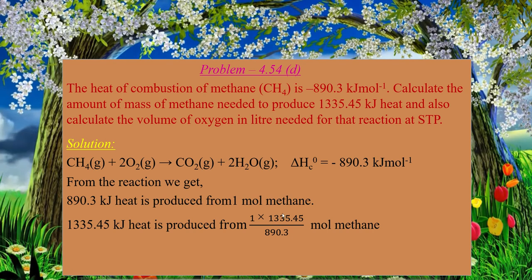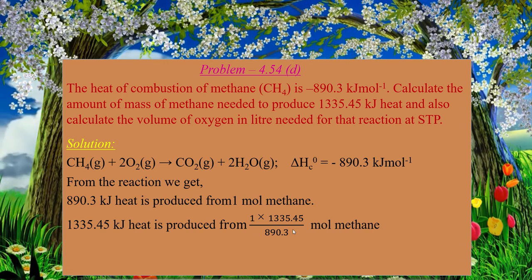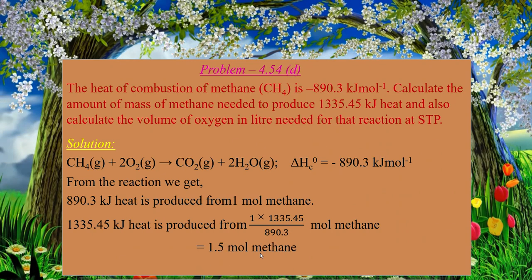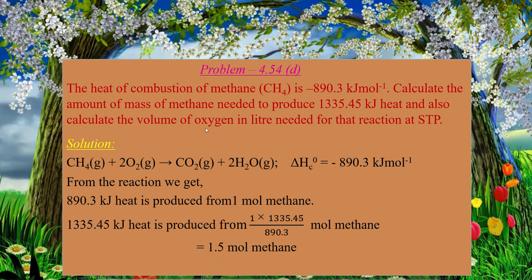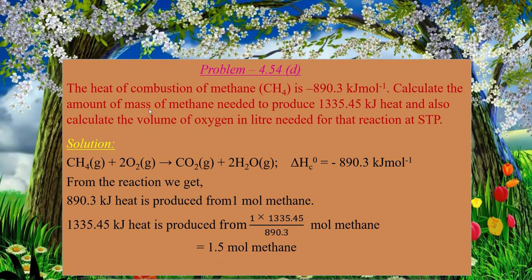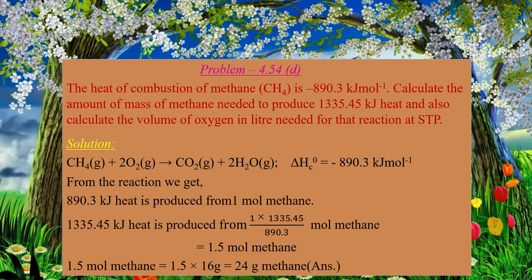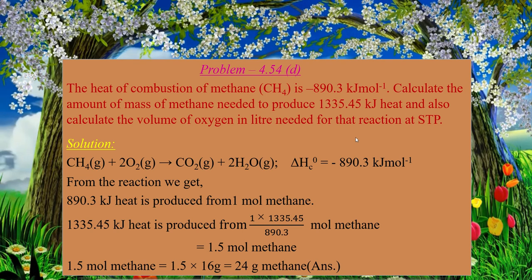So 1335.45 kilojoule heat is produced from 1.5 mole methane. We have to calculate the amount of methane as its mass. So 1.5 mole methane equals 24 gram methane. This is our first answer.